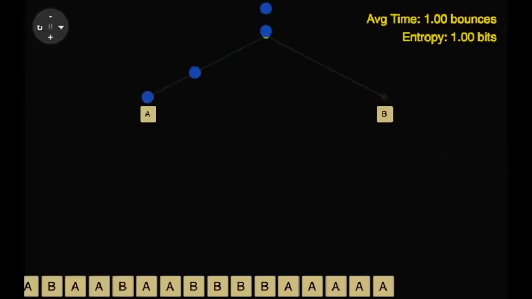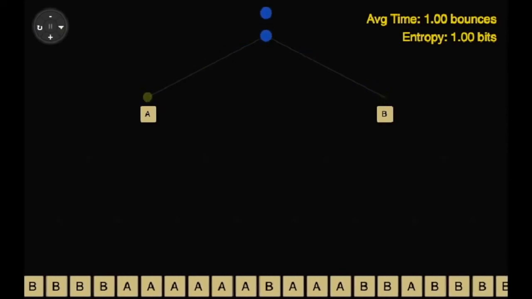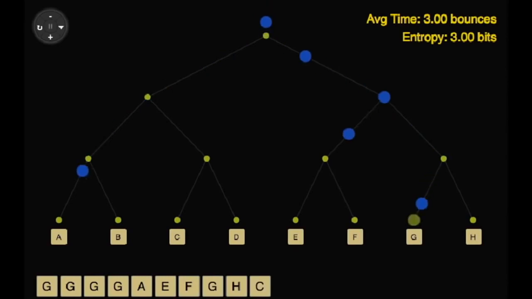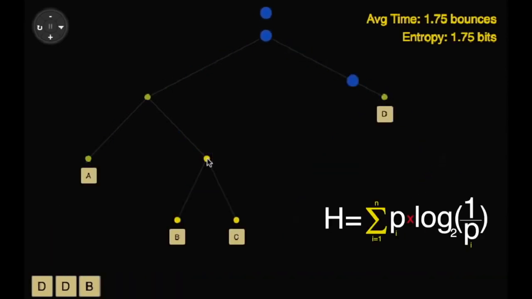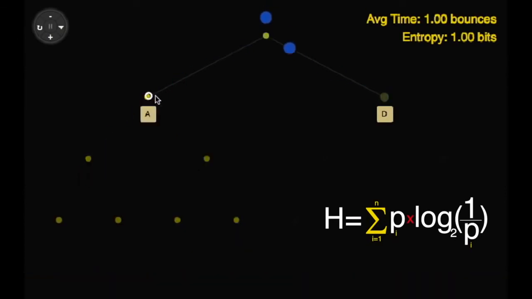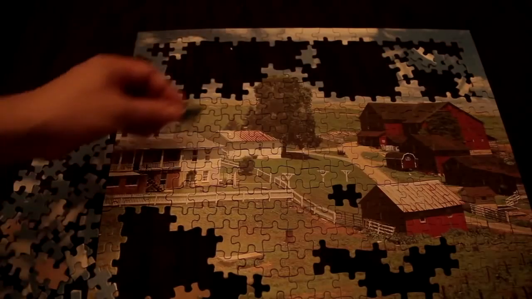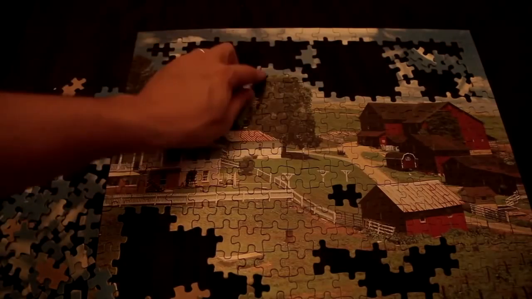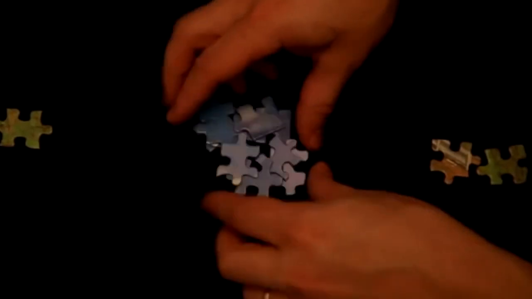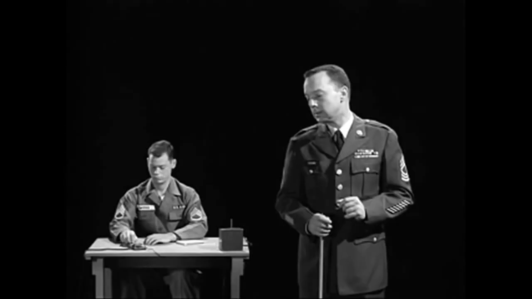And Claude Shannon was the first to claim that the limit of compression will always be the entropy of the message source. As the entropy or uncertainty of our source decreases due to known statistical structure, the ability to compress increases.